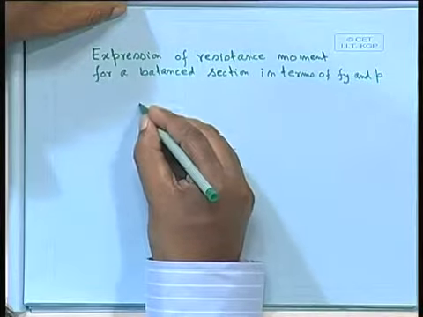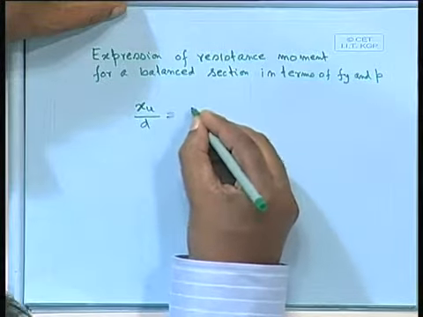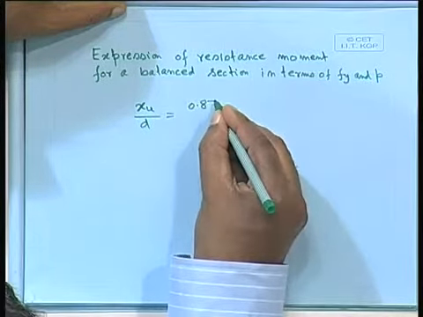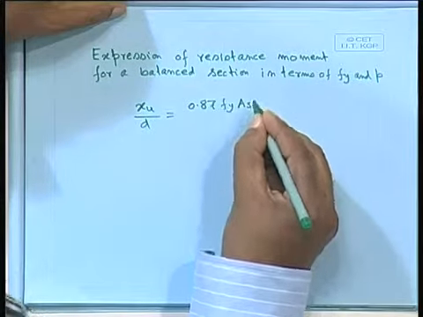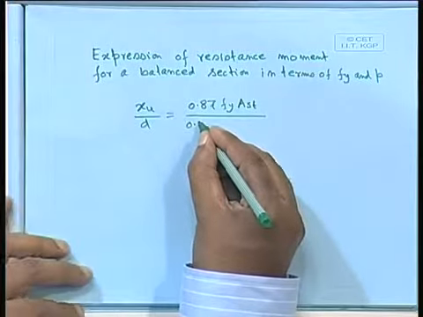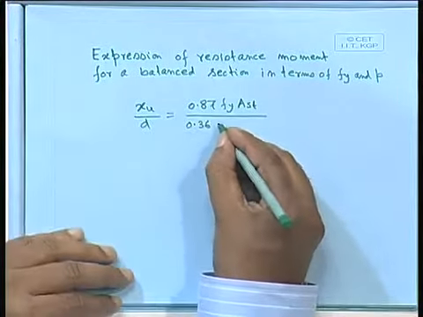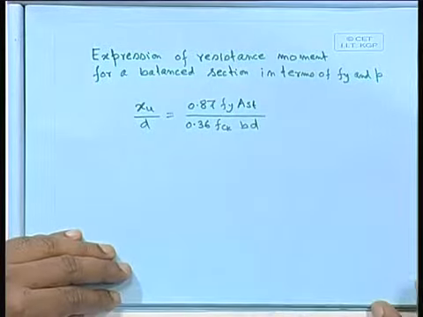XU by D equal to 0.87 fy Ast divided by 0.36 fck bd. That we have already got.